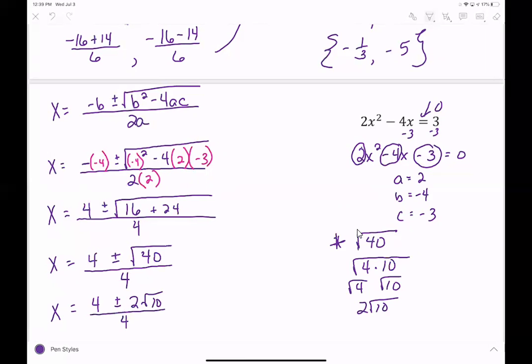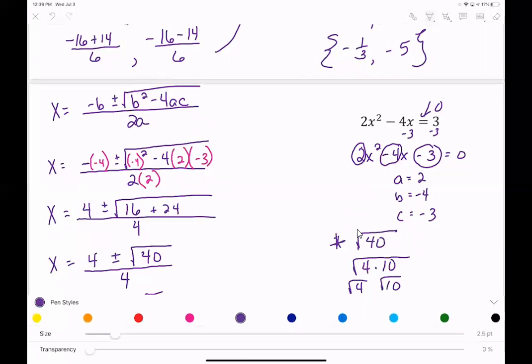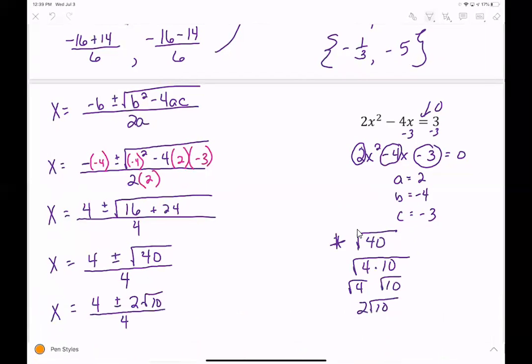And then I'm going to replace the square root of 40 with the 2 square root of 10 over 4. Now, what we need to do is look at this: you're dividing this term and this term by 4. So when we divide here, you're saying 4 divided by 4 and then 2 divided by 4.